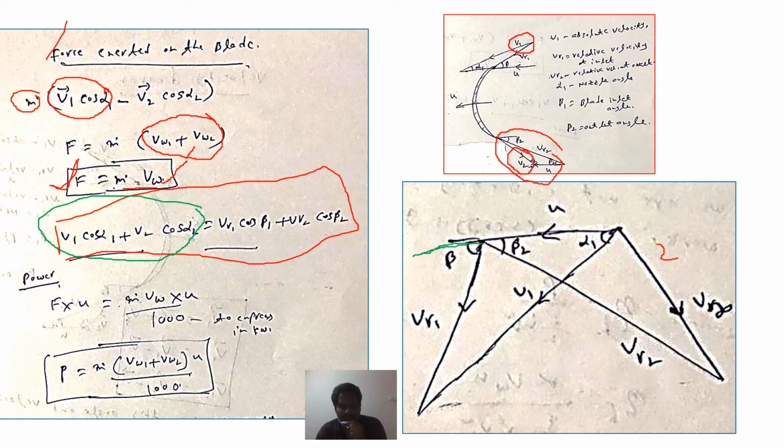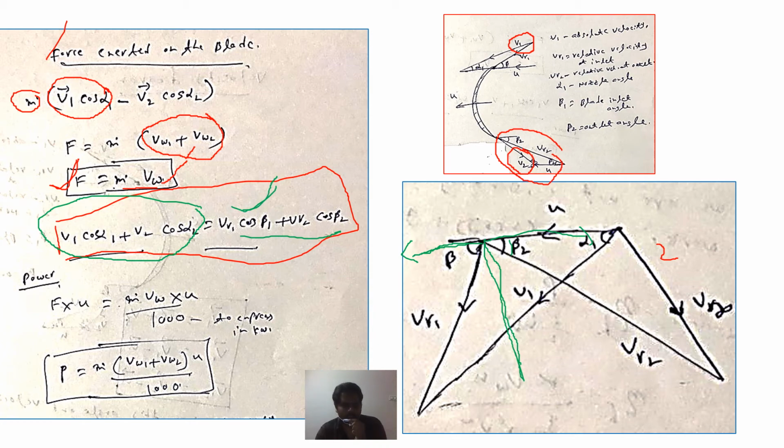If you divide like this, this is VR1 cos beta 1 plus VR2 cos beta 2. So these two will be equal. We use this equation when we solve the problems.